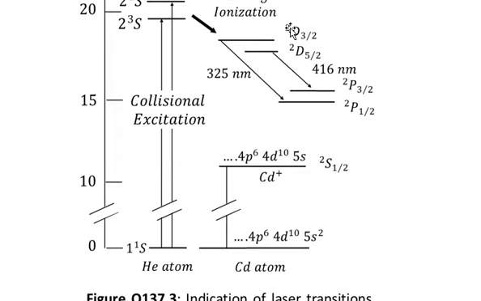And you know that the 5d is especially more favorable for us, because we want these 5d levels, or these two terms corresponding to the 5d levels, to be occupied, to be excited, because we want them to act as the upper laser level, and the 4p level to act as the lower laser level.